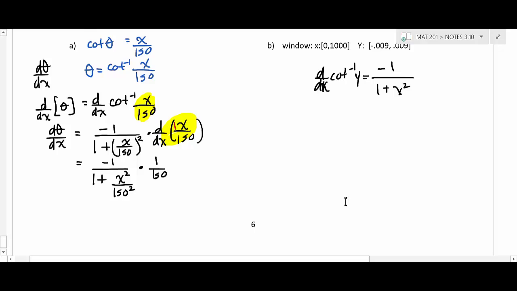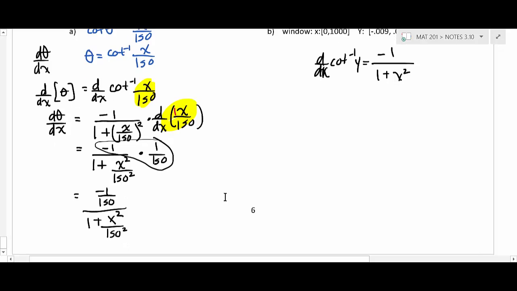So really all I'm going to do on this is I'm going to write this like this. I'm really multiplying the numerator by this. This is going to kind of go through the numerator like that. So that's going to be negative 1 over 150 all over 1 plus x squared over 150 squared. Okay, like that. So then I'm going to get rid of that complex fraction.